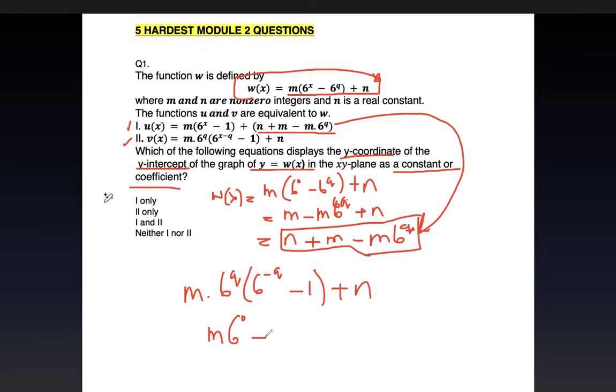It becomes m, and this becomes 6m minus 6q plus n. And this will become just m minus m6 raised to q plus n. It's the same thing, n plus m that. But what do you have to do? You have to simplify the actual function to get the answer as a constant.